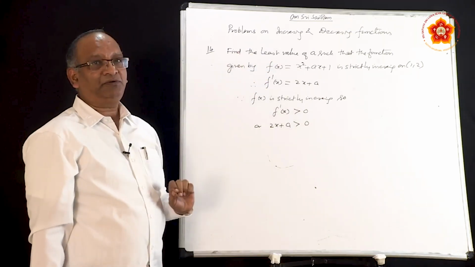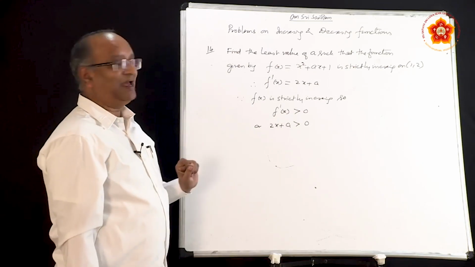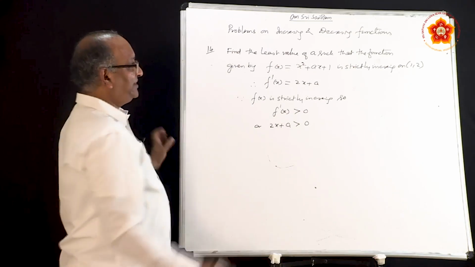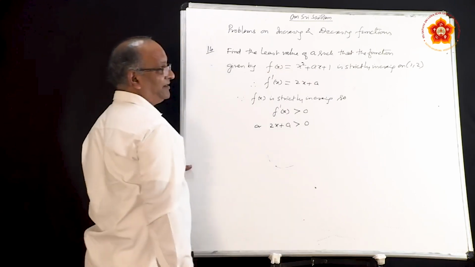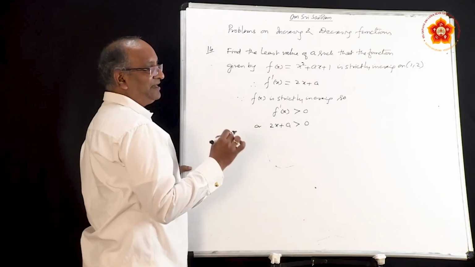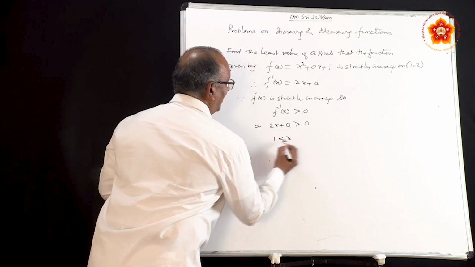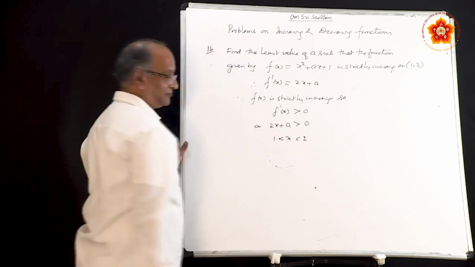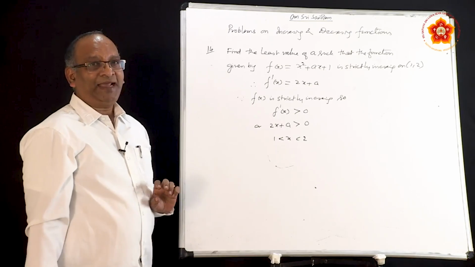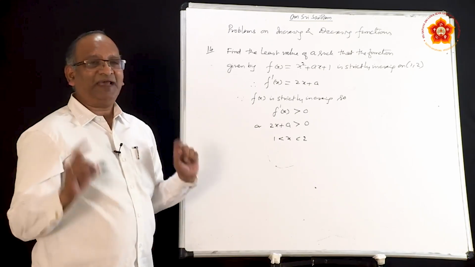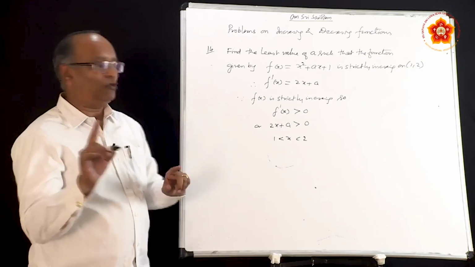How to find out this value? He has given that the interval is 1 to 2. This interval is basically for the variable. So, x lies between 1 and 2. If x is lying between 1 and 2, multiply whole thing with 2.